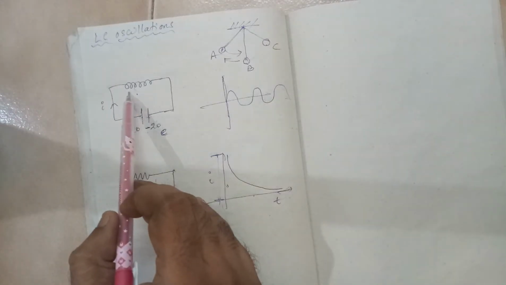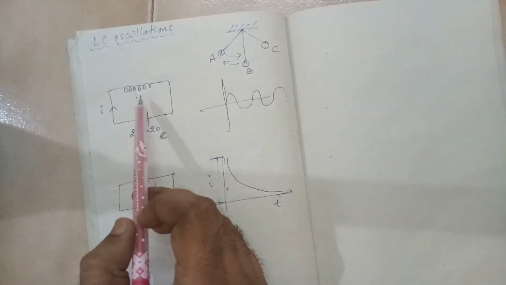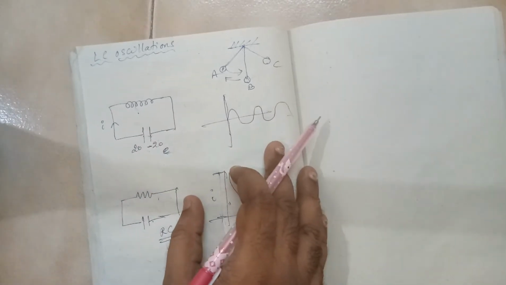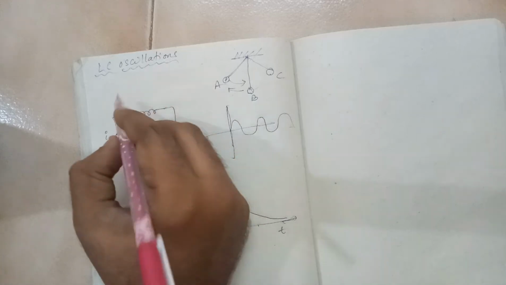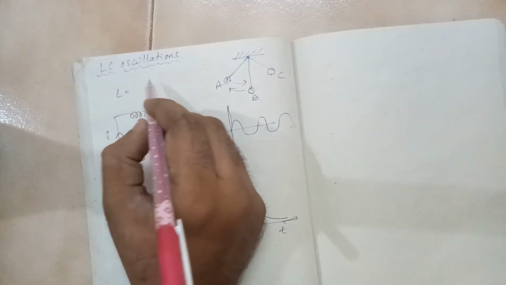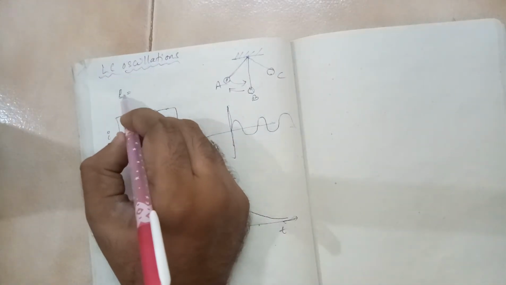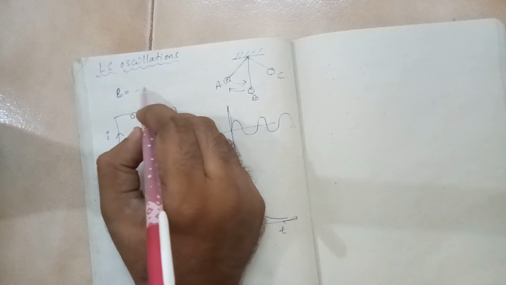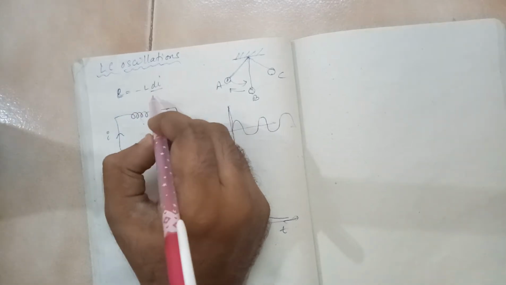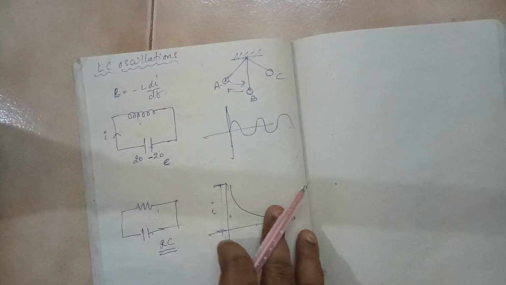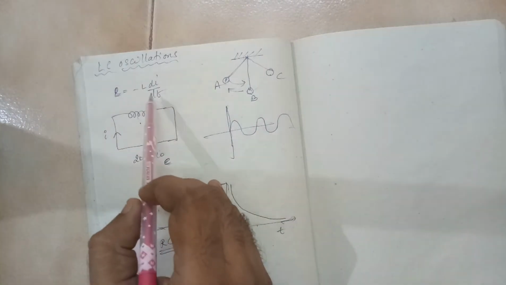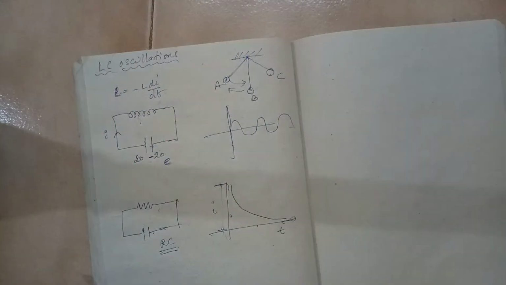Now here, when it flows, there is an inductor, so there will be an induced EMF, and that EMF we have studied. It is that induced EMF E is equal to minus L di by dt. So it is dependent upon di by dt.